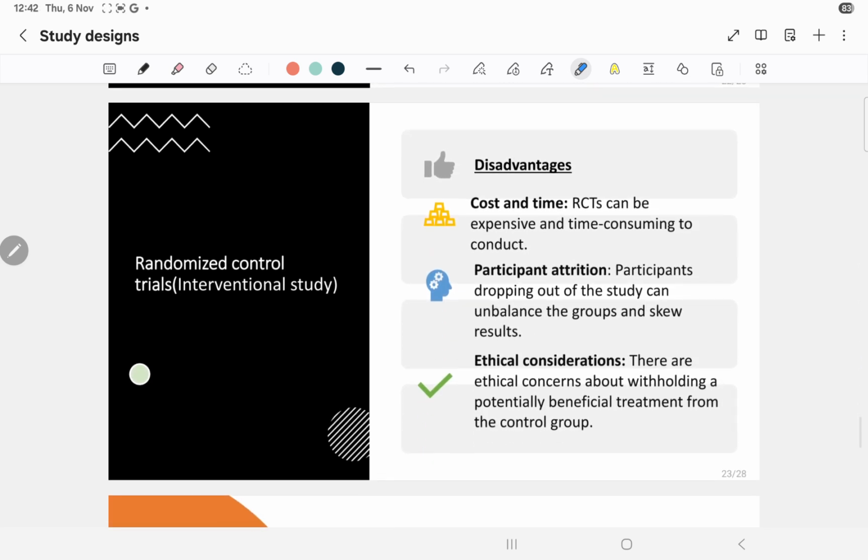Disadvantages: randomized control trials can be very expensive and time consuming because you are creating a controlled environment. These are conducted in hospitals by enrolling patients, and they test the effectiveness of a new drug.